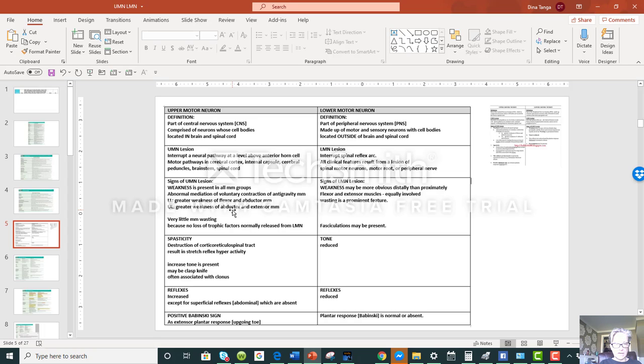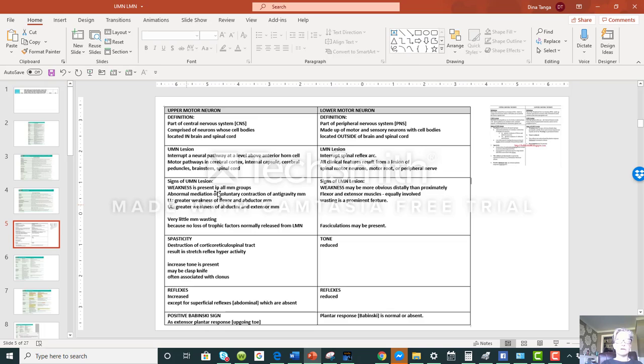Abnormal mediation of voluntary contraction of anti-gravity muscles. So the lower limb, you're going to have greater weakness of the flexor and abductor muscles. The upper limb, you're going to have greater weakness of the abductor and extensor muscles.